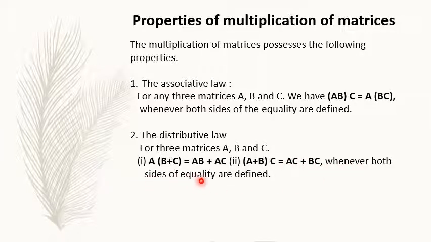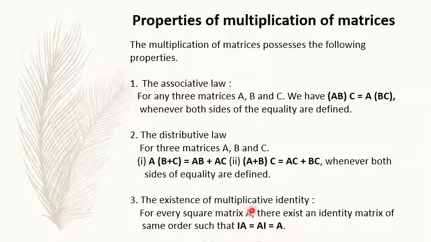Whenever both sides of the equality are defined, that is, we choose A, B, C such that we can find A(B plus C), AB, AC like that. That is, the number of columns in the first matrix should be equal to the number of rows in the second matrix. Then only we can multiply those matrices. So, whenever both sides of the equality are defined, this equality will hold.